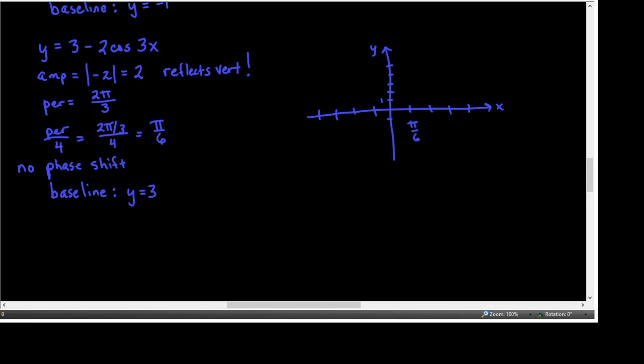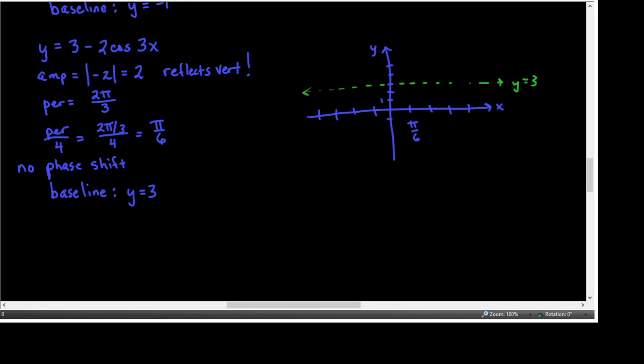But that's okay. Sometimes you don't think about things on time, and that's not a big deal. All right, so the baseline is y equals 3. So at y equals 3, draw a nice horizontal line. That's your baseline. There's no phase shift, so I don't have to worry about that.